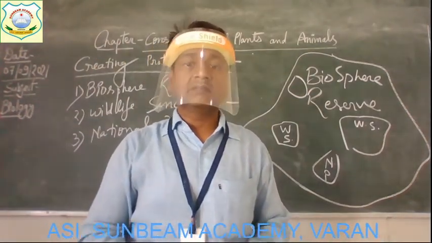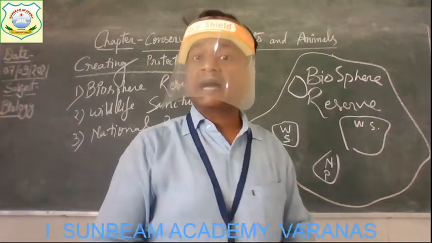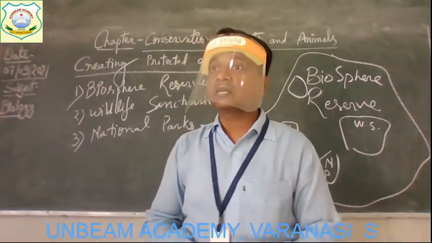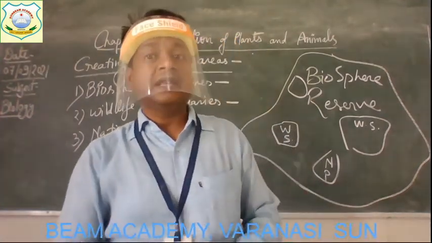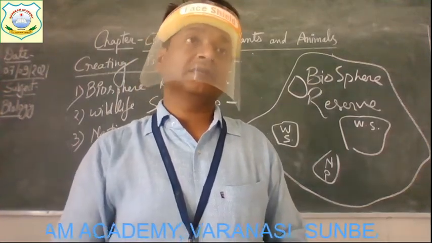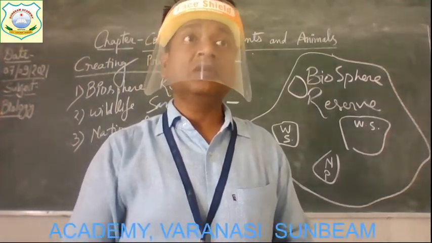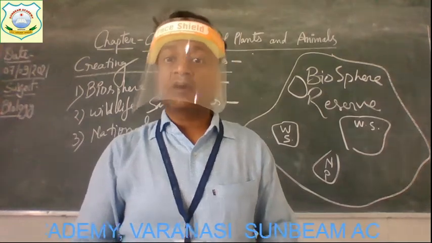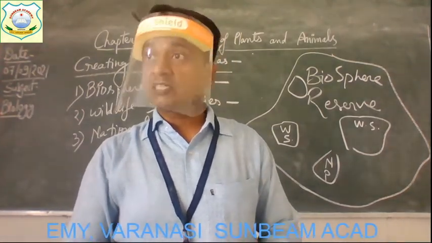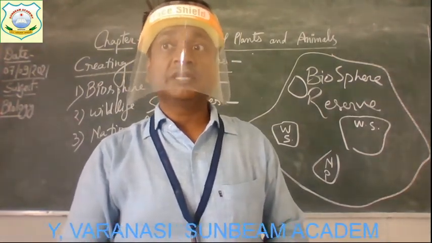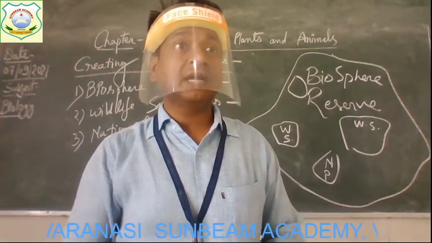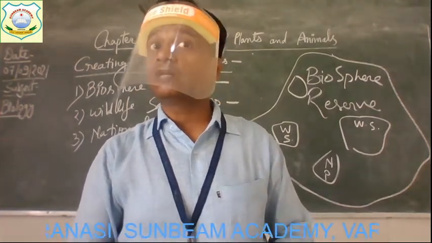Now, some other national parks present in our country are Bandipur National Park and Gir Forest National Park. You must have heard of Gir Forest National Park, present in Gujarat. To protect what?